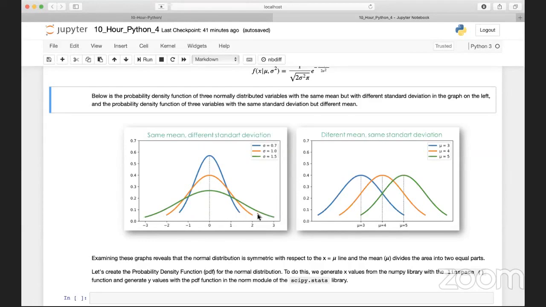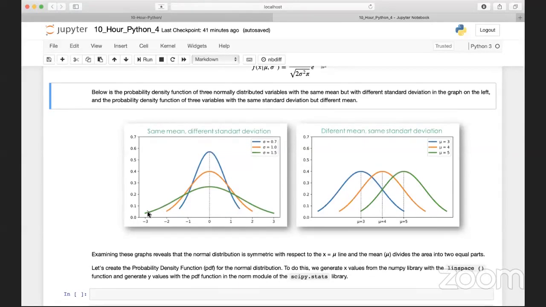As you see here, it fluctuates around minus 3 and plus 3. This is much more dispersed compared to the 0.7. So this is the effect of sigma on the distribution, but it's still a normal distribution. Do not confuse that. We still have a symmetric shape here.